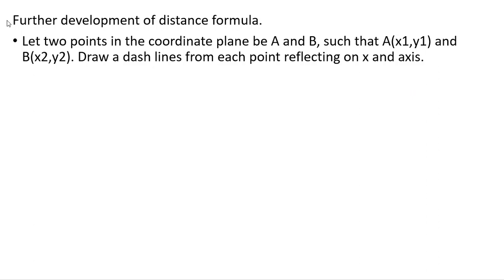So let's do that. I'm just going to pick 2 points, 1 point right here, I'm going to call it A. I'm going to pick a point, for example, right here, and call it B.